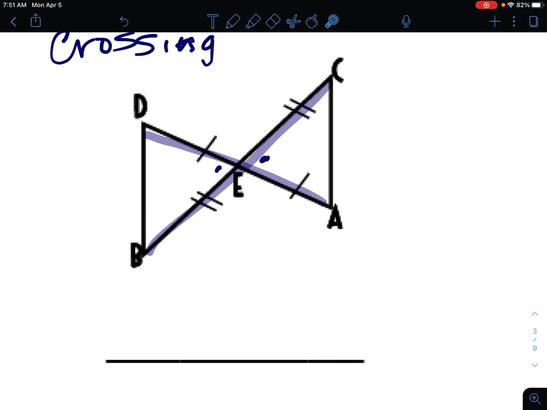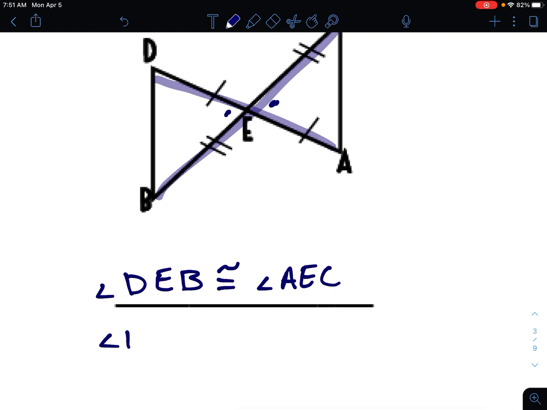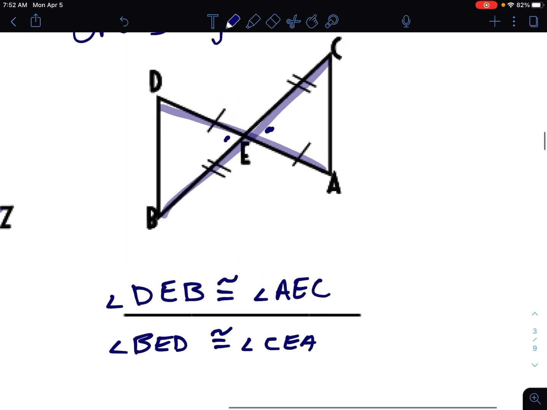Now D to E is the same as A to E. So I'm going to put angle DEB is congruent to angle AEC. Okay? You could have switched it around and said angle BED is congruent to angle CEA if you wanted to, right? Both of those would be saying the same angle.